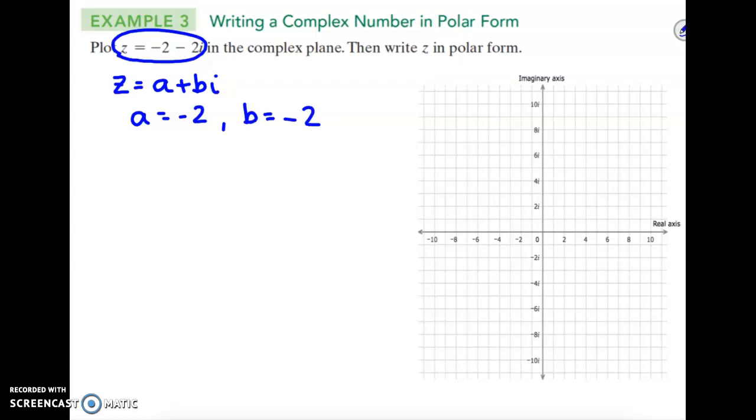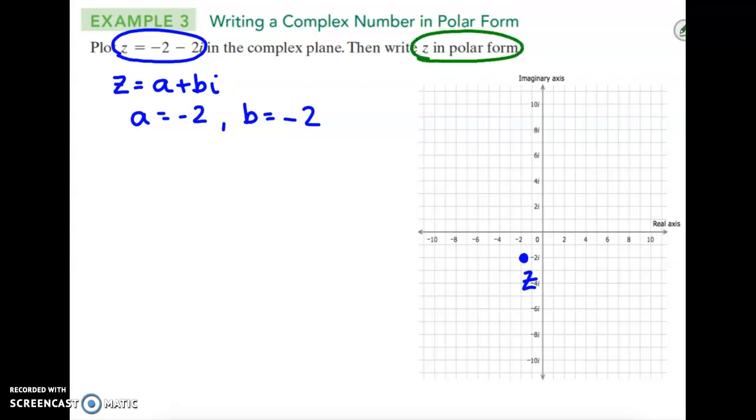So let's graph it out. On our real axes, we're going to go left 2 and then down 2. So we'll end up right there. So there is our complex number Z in a complex plane. Now we're going to write it in polar form.